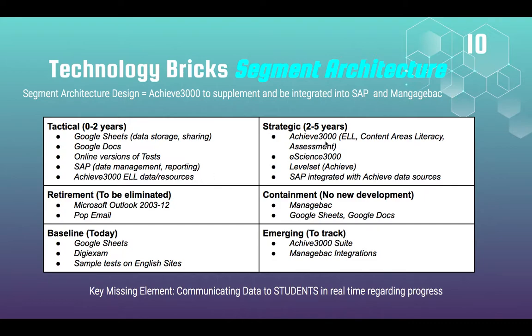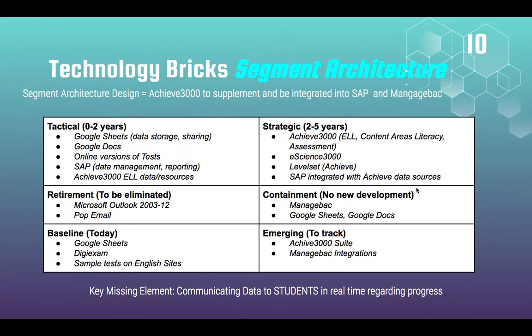So strategically, 2 to 5 years, there are a variety of other services provided by Achieve 3000, including eScience 3000, which I'm really excited about, and the idea that we could have personalized learning in that area as well. Level Set prepares students for university applications and things like that.